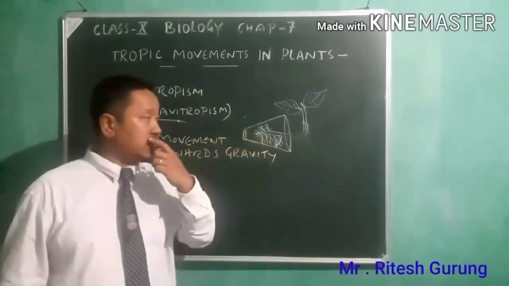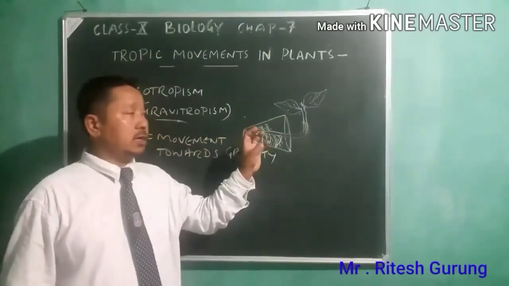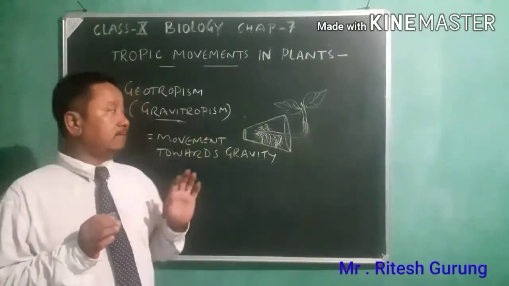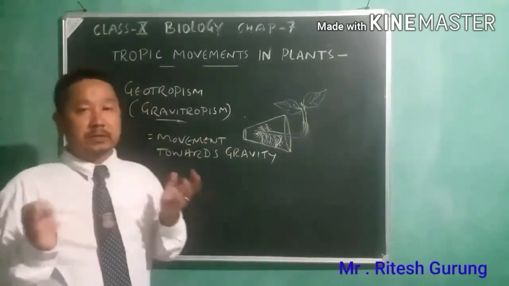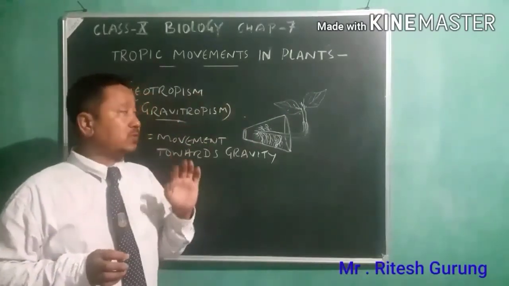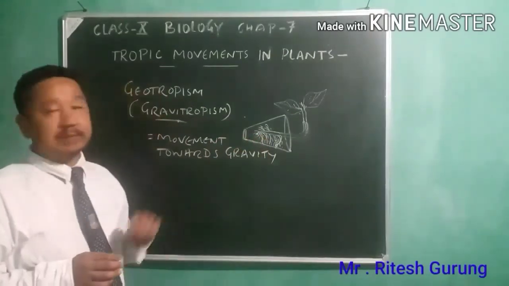So it is better to go through this activity first. Okay, you just keep a potted plant upright, no problem. The shoot is directly towards the source of light, and the root is towards the gravity.